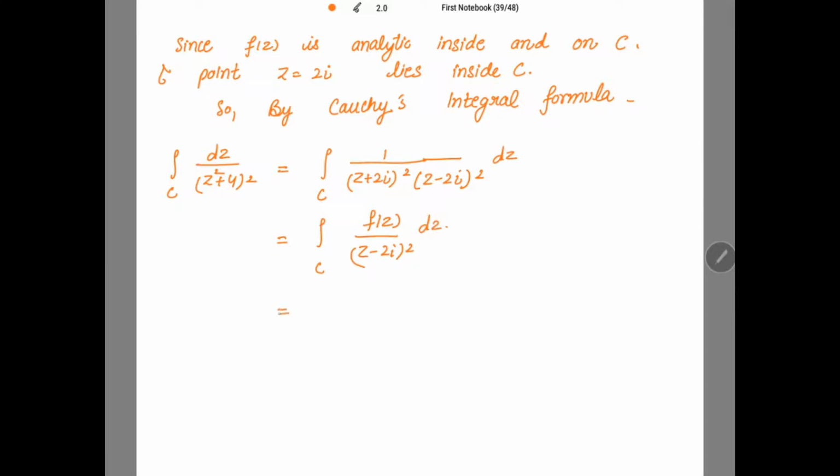So using the Cauchy's integral formula, this will be equal to 2 pi iota over 1 factorial into f dash at z naught equal to 2 iota. Okay, so this is 2 pi iota, and f dash of 2 iota is equal to 1 over 32 iota. Finally it is equal to pi by 16.